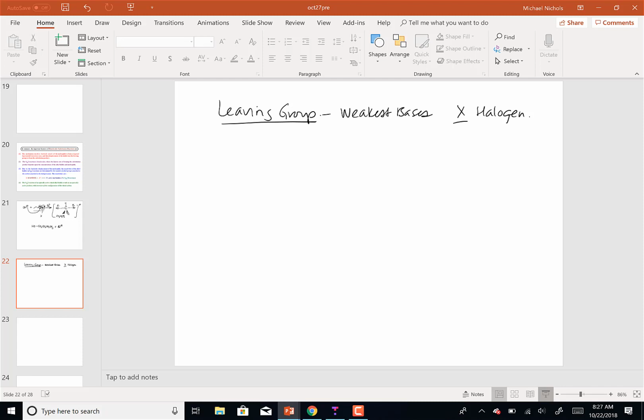So I'll just foreshadow ahead. One of the best leaving groups that we can have is an O attached to an S=O double bond attached to a benzene ring with a methyl group on it. This is called a tosylate group.